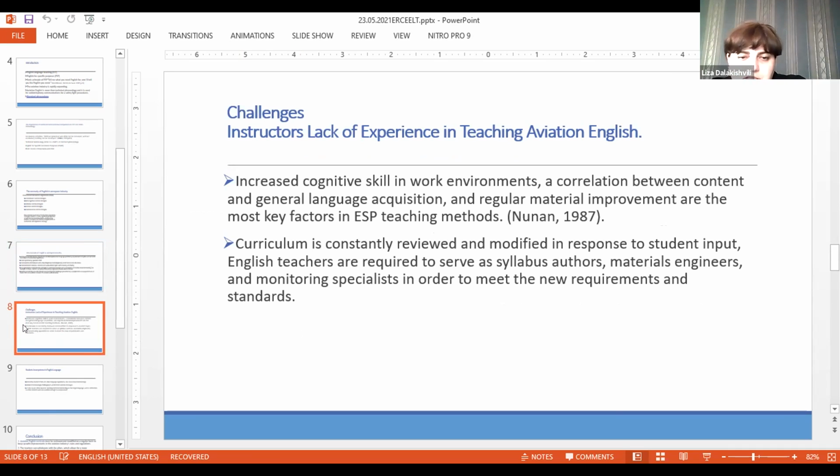Aviation English teachers are required to serve as syllabus authors, materials designers, and monitoring specialists in order to meet the new requirements and standards. Somehow it's a difficulty, especially for the teacher, that you have to pay attention not only to the language, but also study the tasks related to this field.